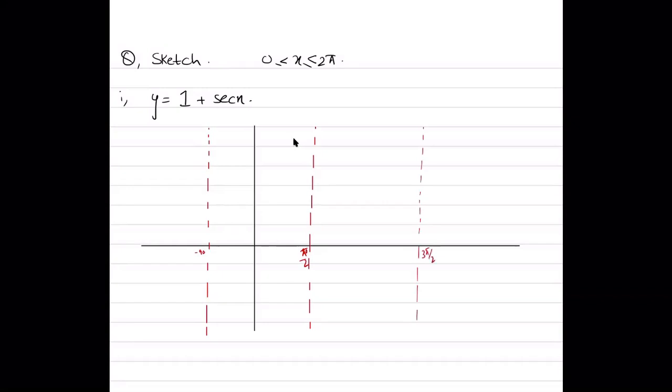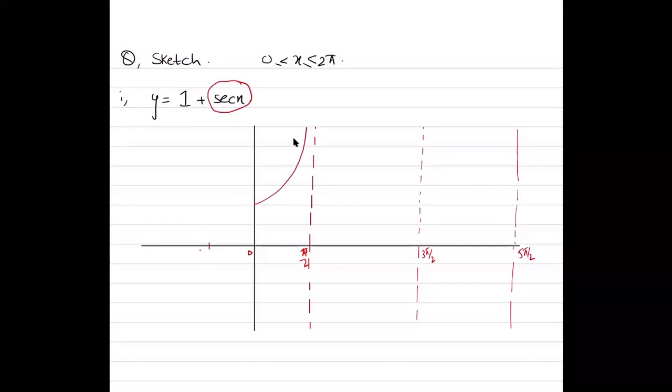Okay. And then the next asymptote is going to be at 5 pi by 2. Okay. So I don't want this minus 90 part because it starts from 0. If I just focus on this secant graph, I know that the graph is going to start like this from 1.